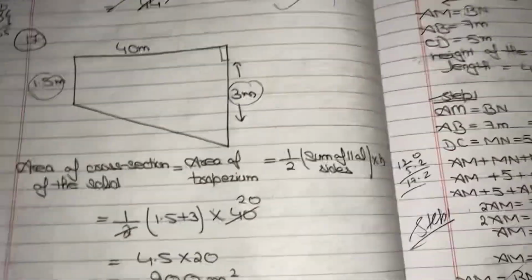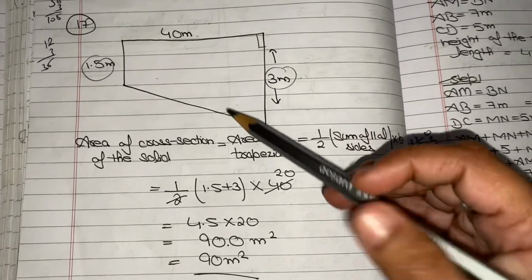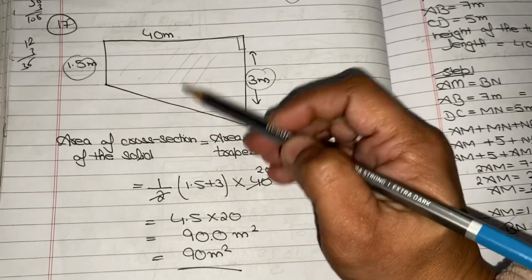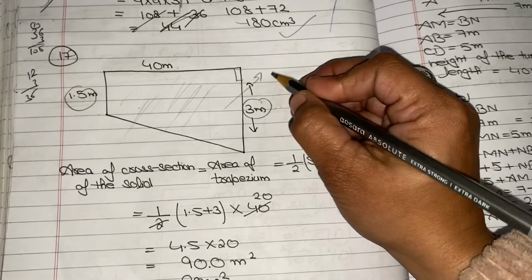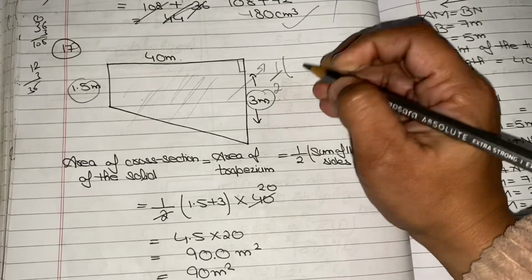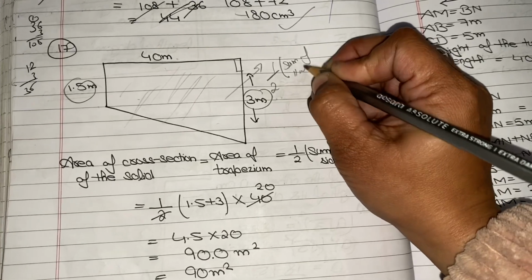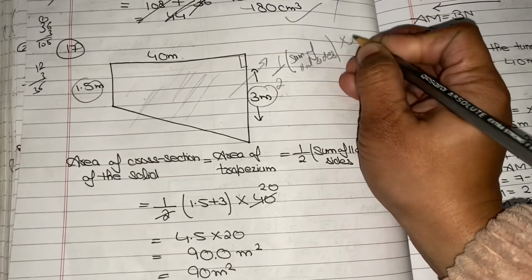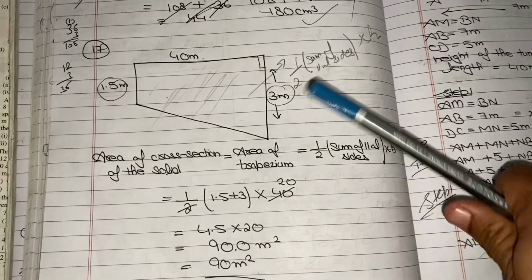So let's start. Here I have this shape, and first of all it is in the shape of a trapezium. We know that the formula for the area of a trapezium is half the sum of parallel sides into height.